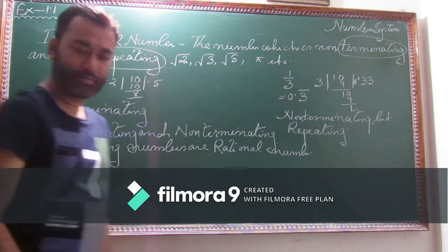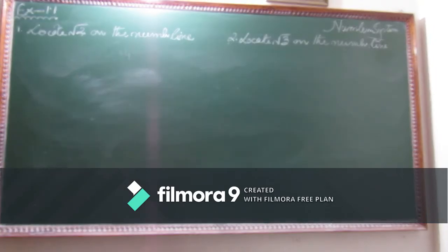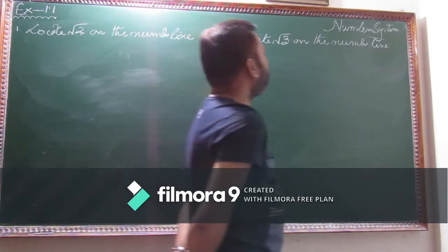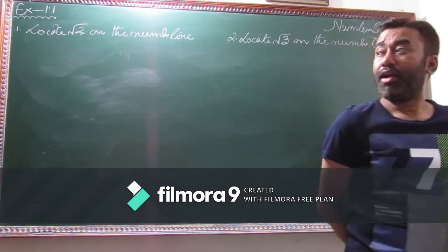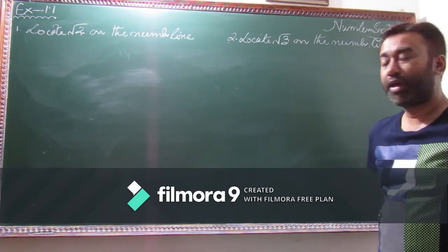Done. Explain. Locate root 2 on the number line and locate root 3 on the number line. That means how are we able to locate root 2 and root 3. Okay.